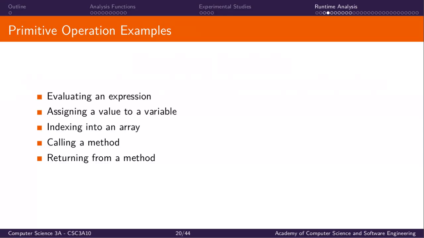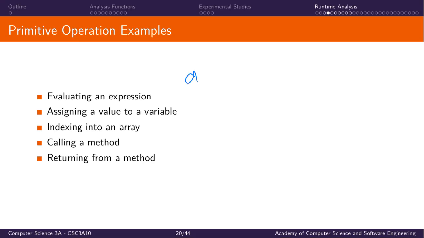So what are primitive operations? We have to agree on what these are. Right? This may be slightly different from what you've done in second year or first year. So please, once we've agreed on this, this is what you must use going forward. Right now, we will say that evaluating an expression will be a single primitive operation. Although, let me write this down.